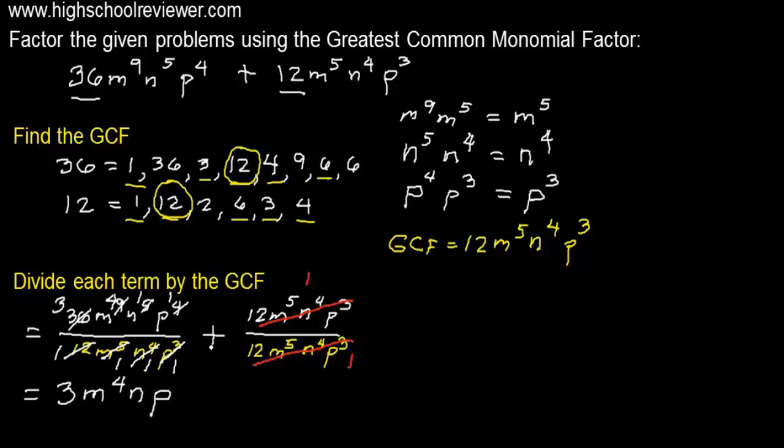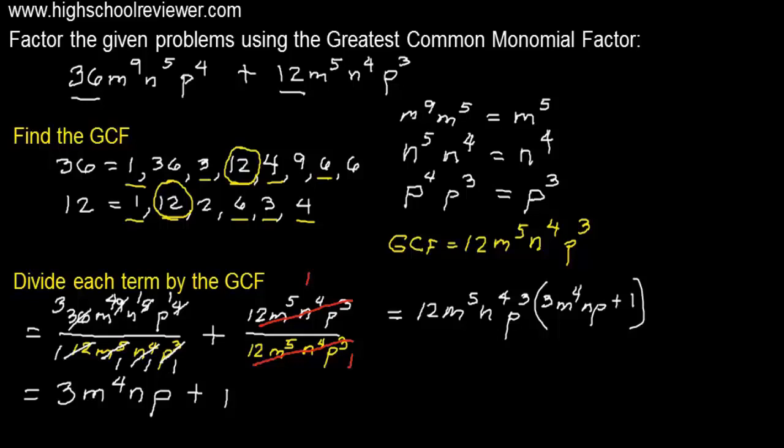And then plus, okay, 1 divided by 1 is 1. Multiply it by the GCF. Our GCF here is 12 m^5 n^4 p^3, and then multiply this by this factor: 3 m^4 p plus 1.